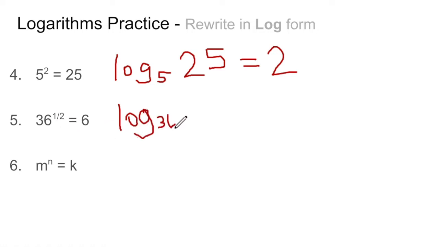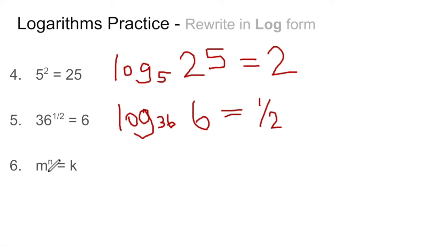So we're going to subscript the 36. And then we write the result big, which here is 6. That's the result of taking 36 to the 1/2 power. So log base 36 of 6 equals 1/2. And that's equivalent to saying 36 raised to the 1/2 power, that's the exponent, is equal to 6.